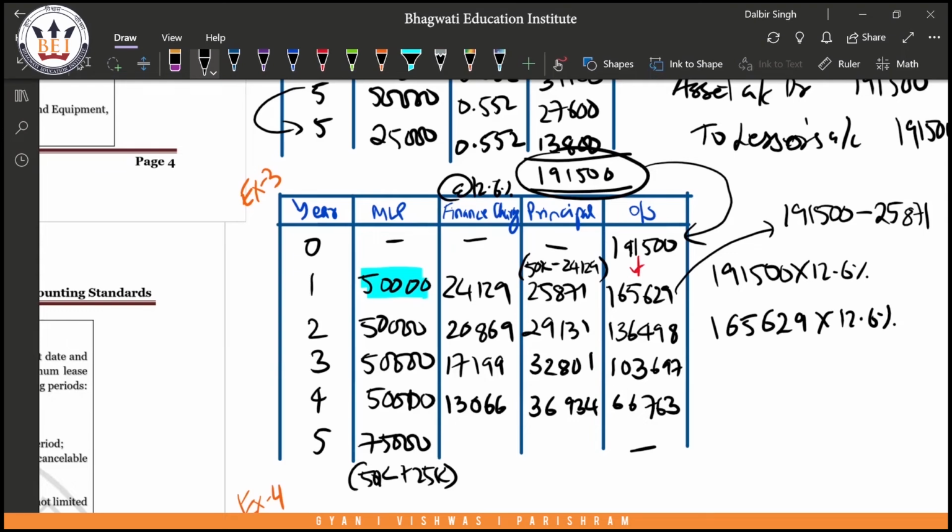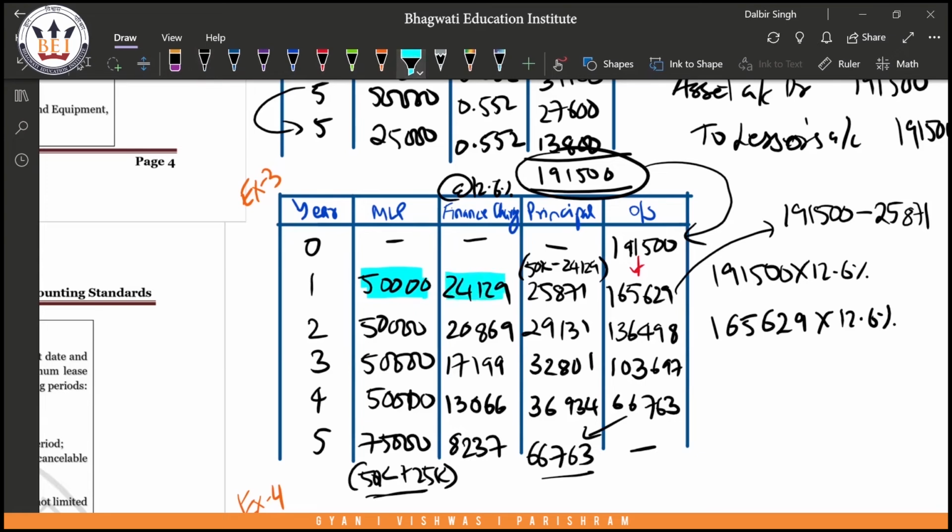So your principal you will directly take, which is 66,763, and whatever is the difference between 75 and 66,763, you will get your finance charge, which is 8,237.